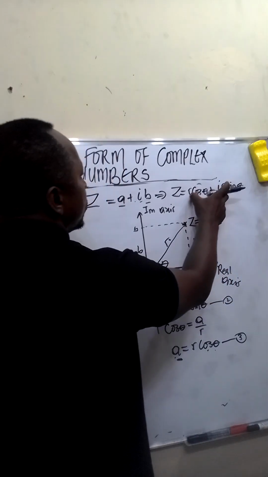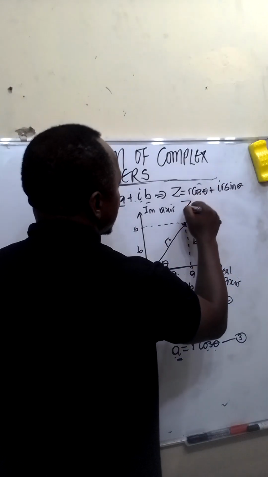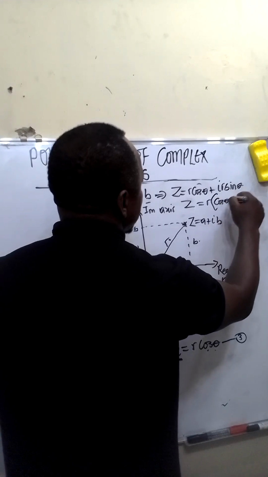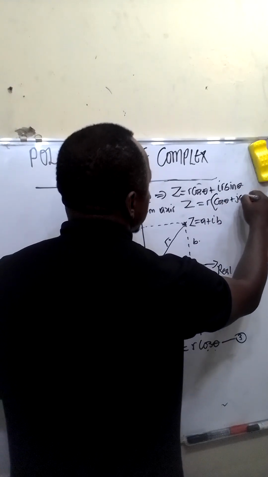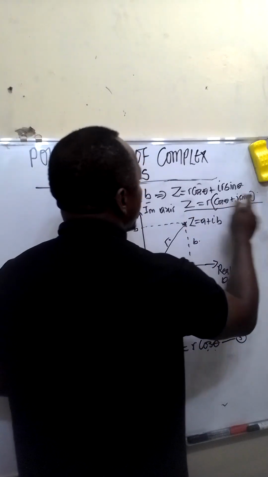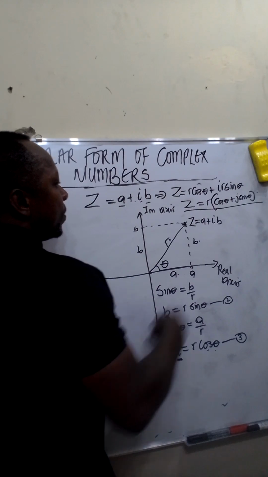R is common, we'll factor it out. So z will be equal to R times cos theta plus j sine theta. This is the polar form of a complex number.